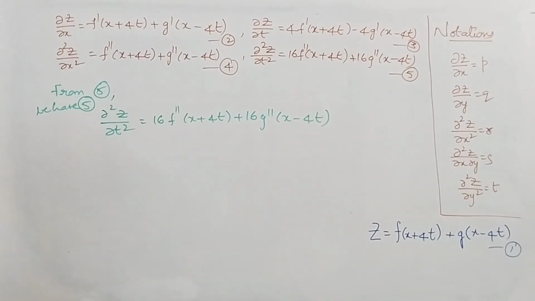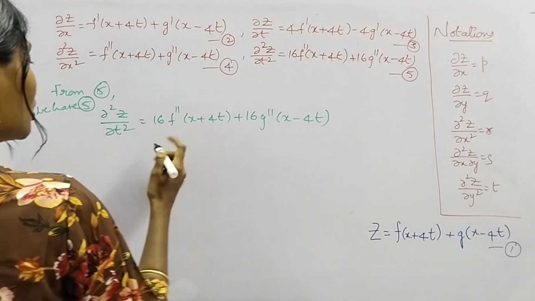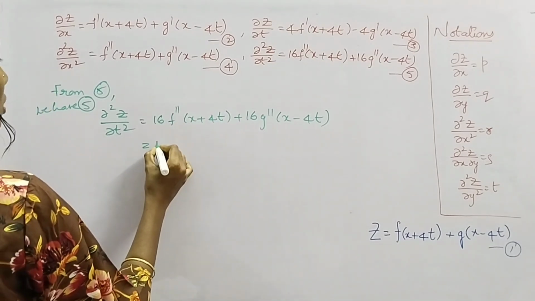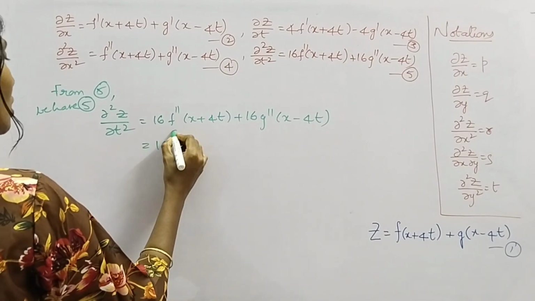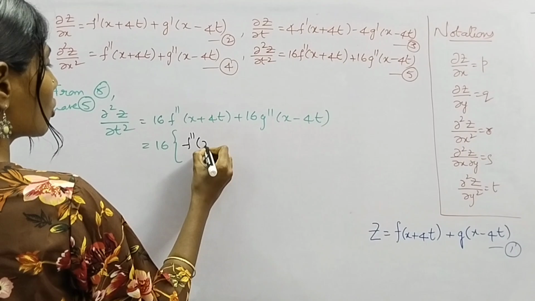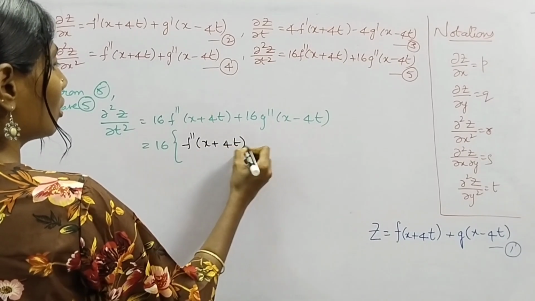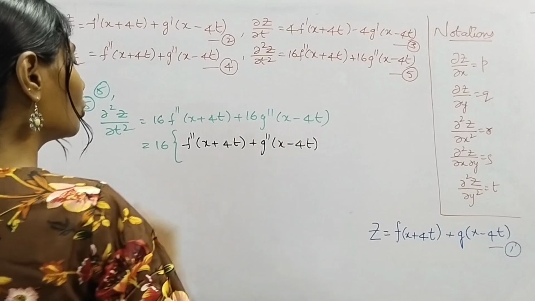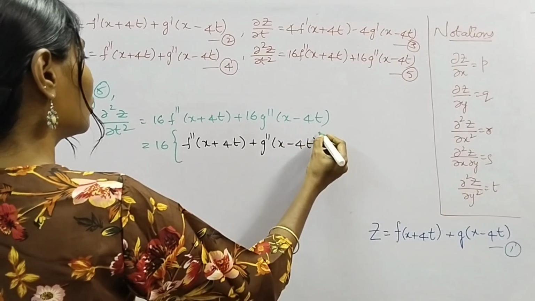I'll just take 16 common from these two terms. I'll get equal to 16 times f double dash of x plus 4t plus g double dash of x minus 4t, right?